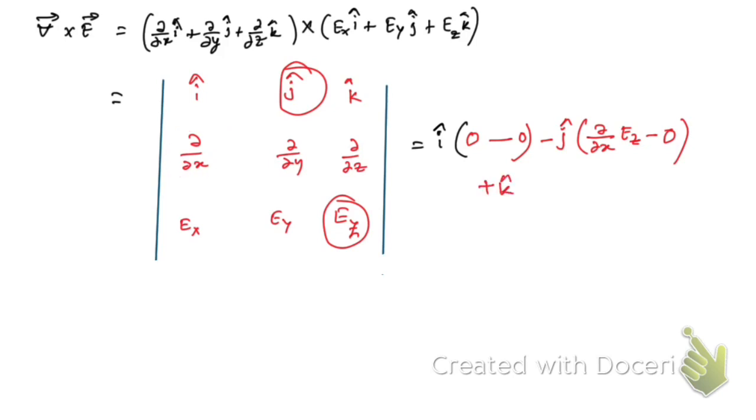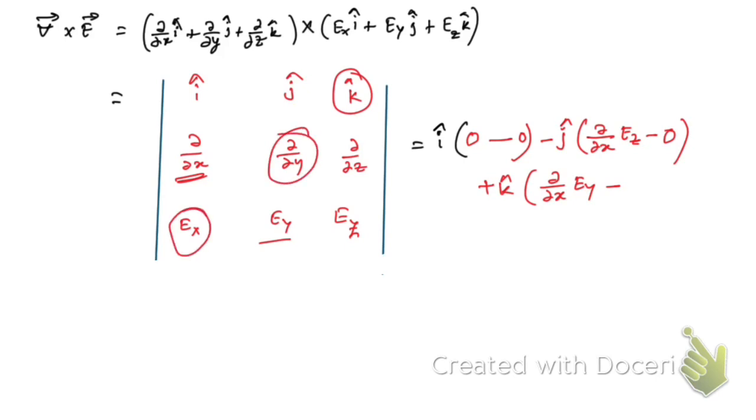For k cap, we have to operate this one by this one, that is del x of Ey, then minus, operate this one by this one, del y, so that's going to be 0, right? Hope you have understood this.